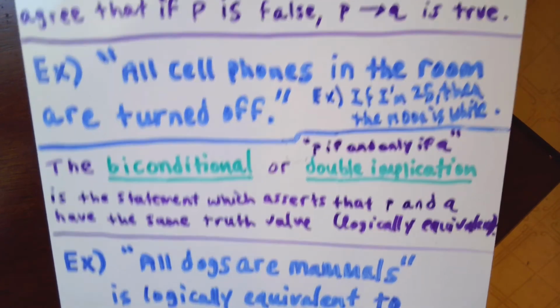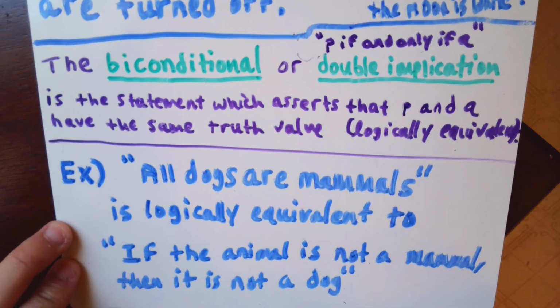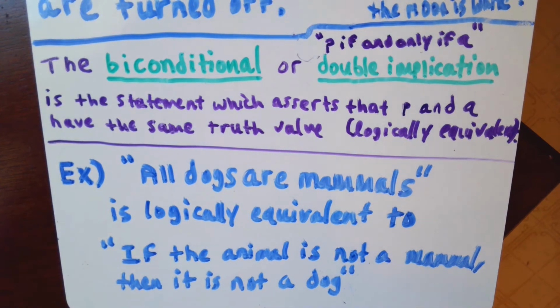For this video we'll just see another example, which almost seems a little bit strange. All dogs are mammals is one statement. It's true. If an animal is a dog, then it's certainly a mammal.